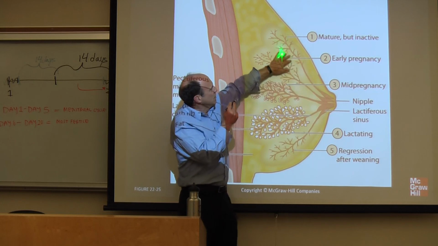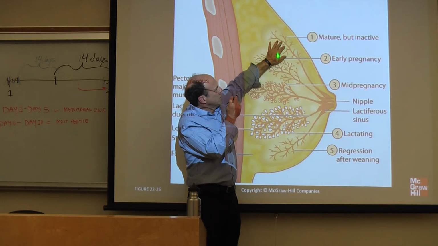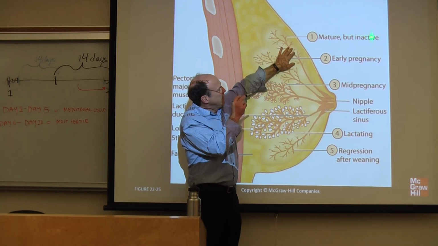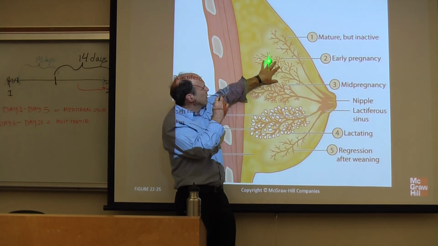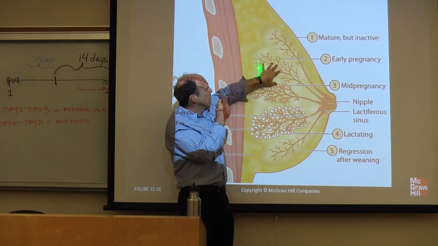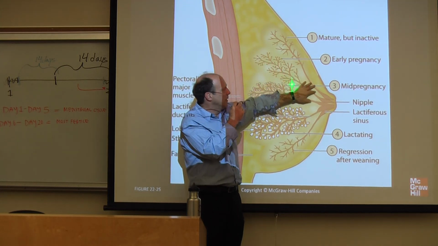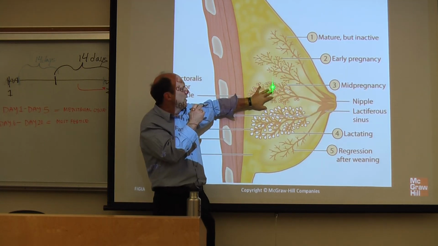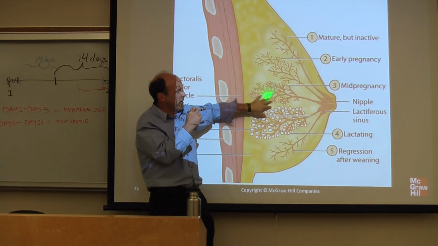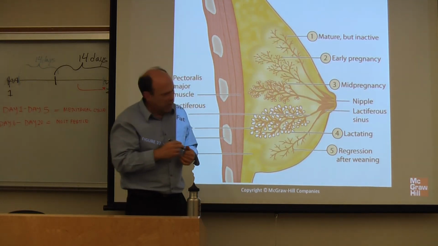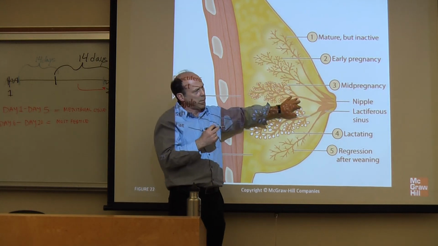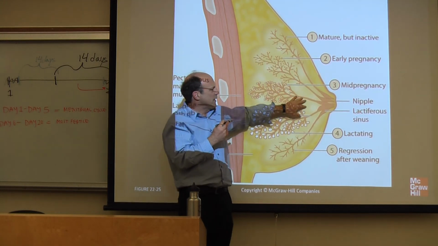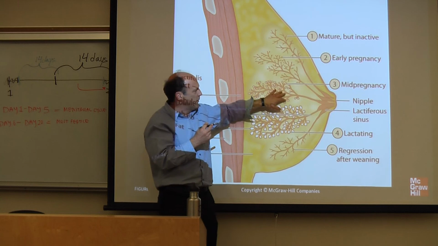So this network of ducts, even if it's mature but inactive, has a fairly simple structure. During early pregnancy, this network is going to become much more complicated. In mid-pregnancy, it's going to start to fill with some fluid, and this colostrum fluid is the first thing, where you start to stockpile some nutrients for what's eventually going to be in the milk.